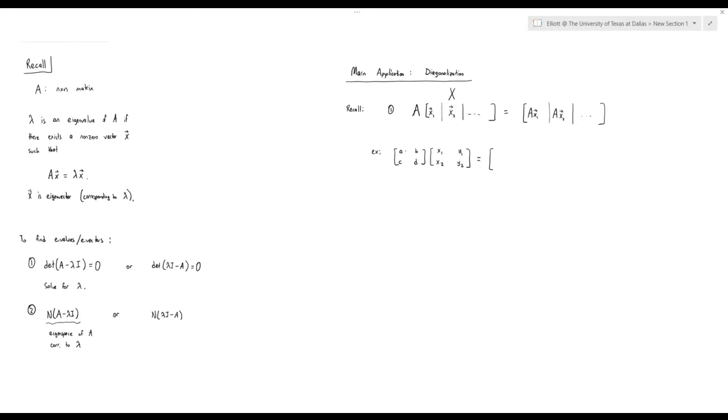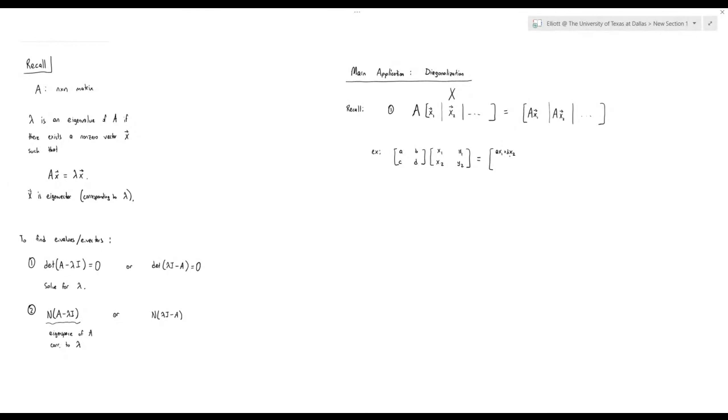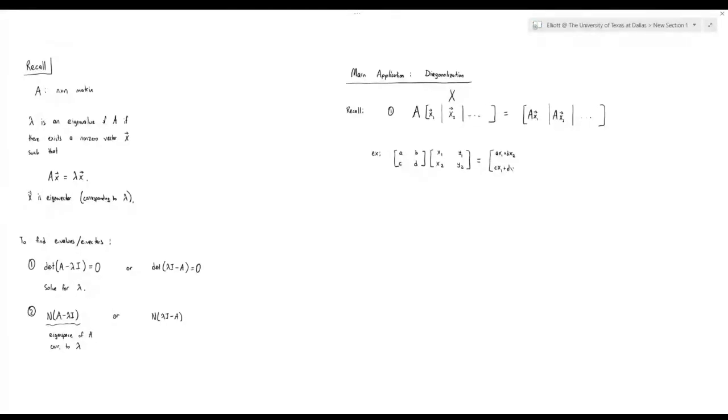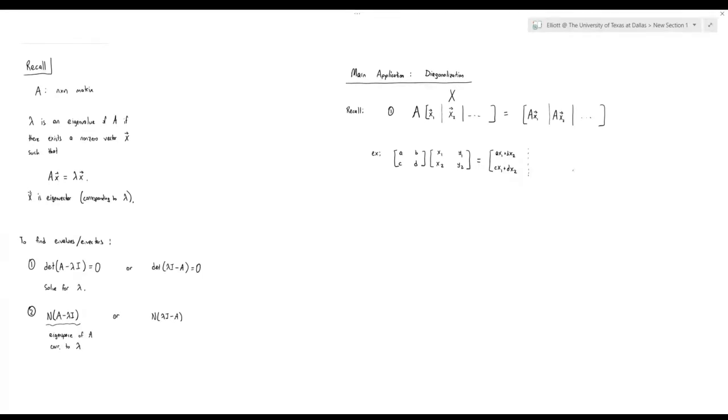We would do A times X1 plus B times X2, and that would be the first entry. Then we would do C times X1 plus D times X2, and that would be this entry. This would be the first column of the product, and then we'd multiply with everything here to get the second column.